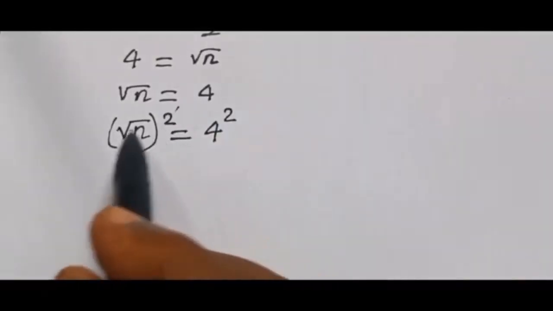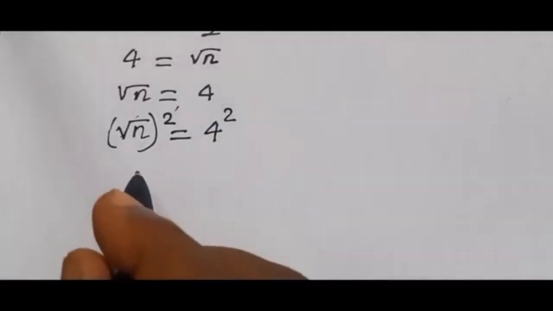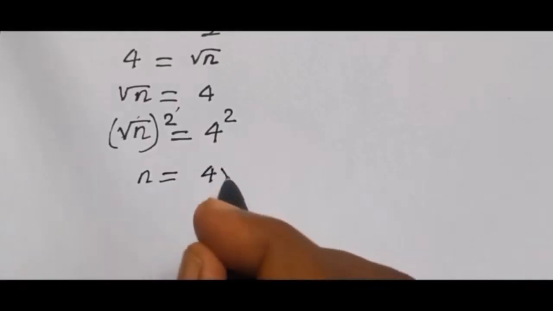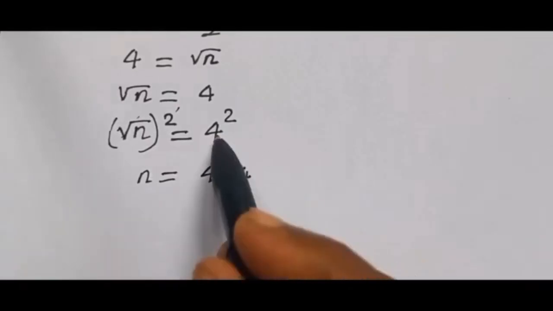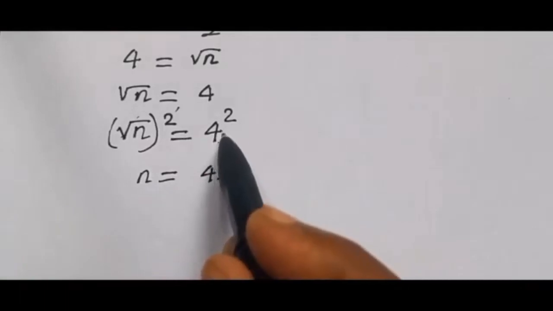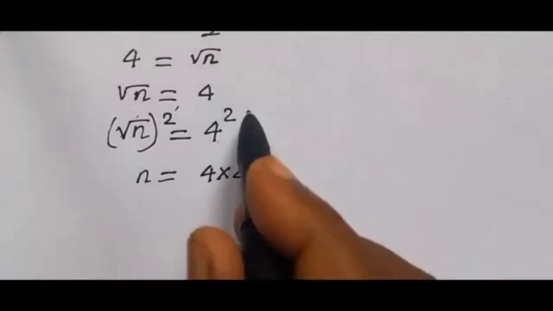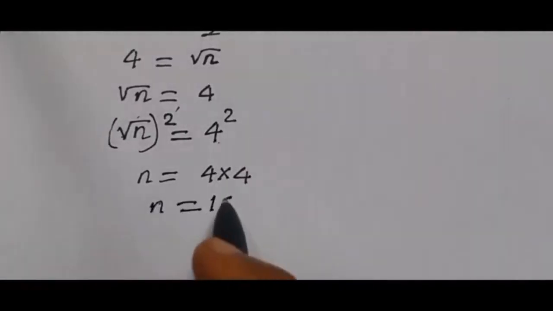So these two cancel with this radical sign. We remain with n equals 4 times 4. We know 4 squared equals 4 times 4. So n equals 16.